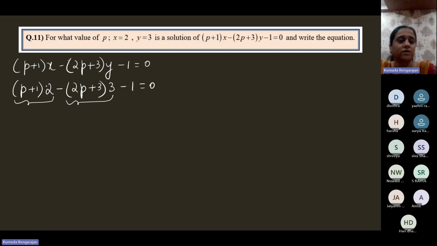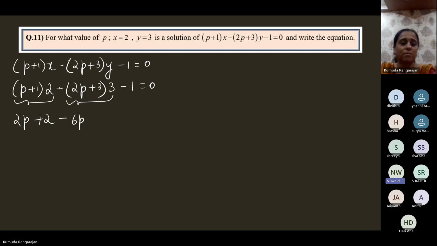That's wrong. So now what is 2 into p? 2p. Yeah, continue. 2p plus 2, minus 6p, plus 9.